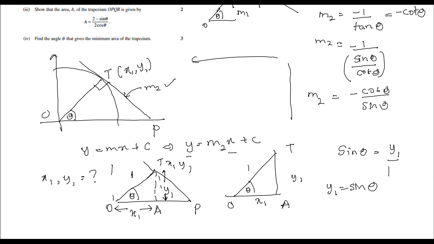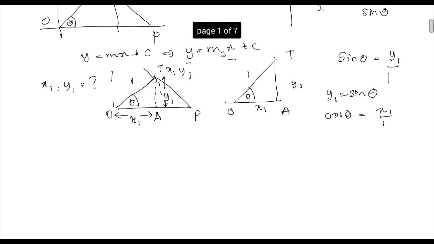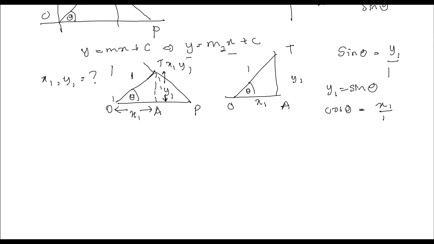So I know y in terms of theta. Same goes for cos theta. For this triangle will be adjacent over hypotenuse, which gives me x1 equals cos theta.